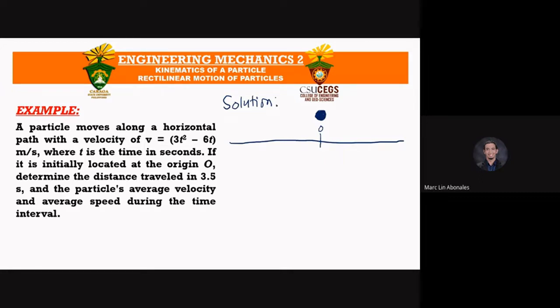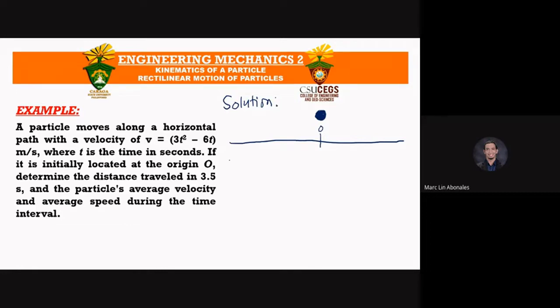It means how much distance is covered by the particle starting from the origin going to the final time of 3.5 seconds. So this one is represented with the variable st.